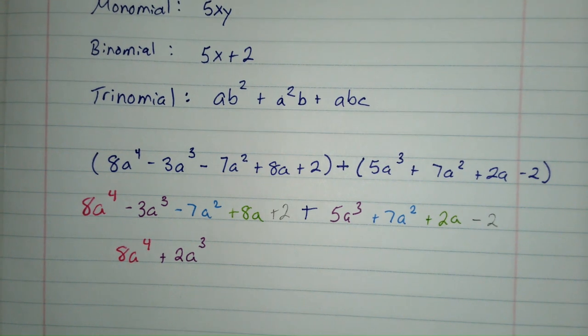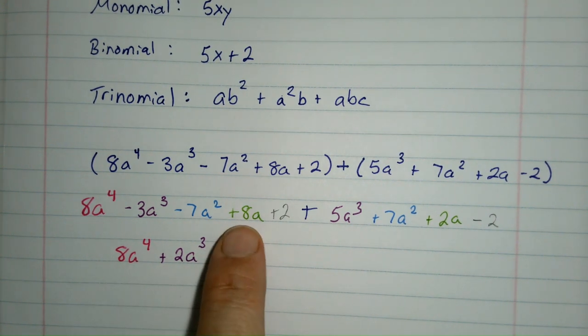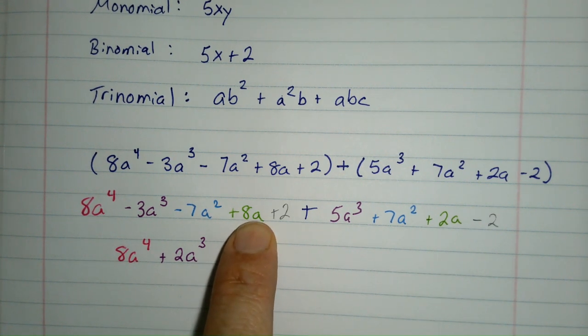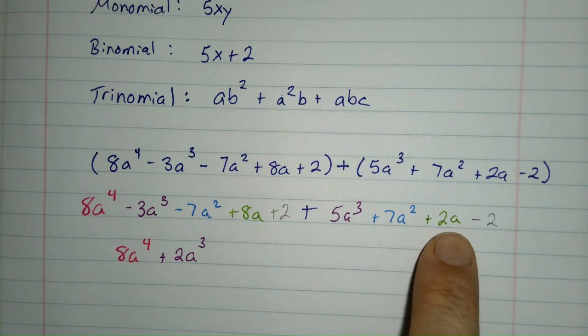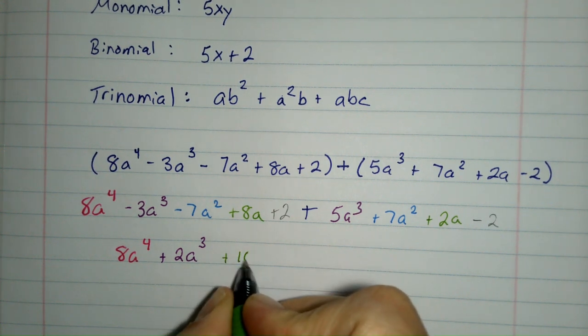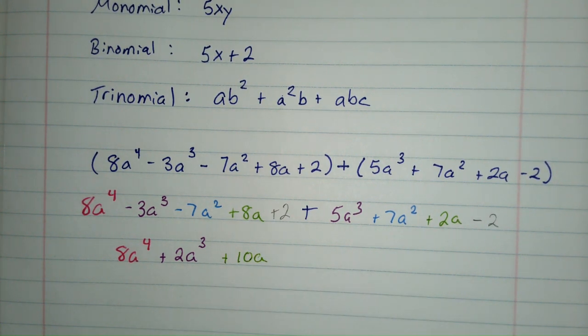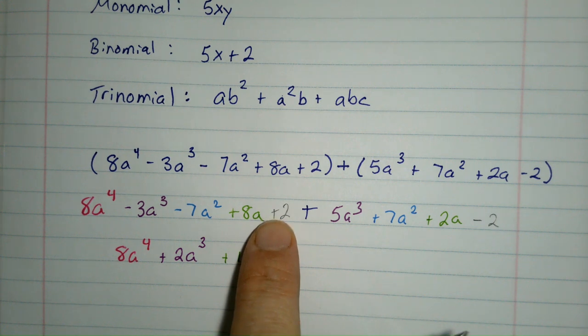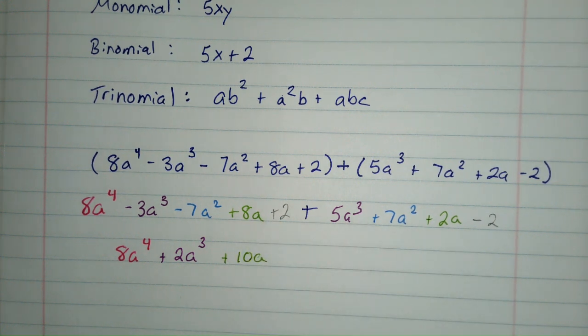There's no quadratic term here. Okay? So now we have 8 single apples on one shelf, and we have 2 single apples on another shelf. So when we put all those baskets on the same shelf, we would have a 10 count. And then hopefully you know by now, positive 2 and negative 2 cancel out as well.